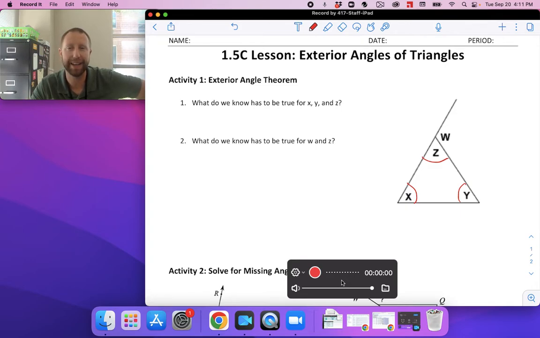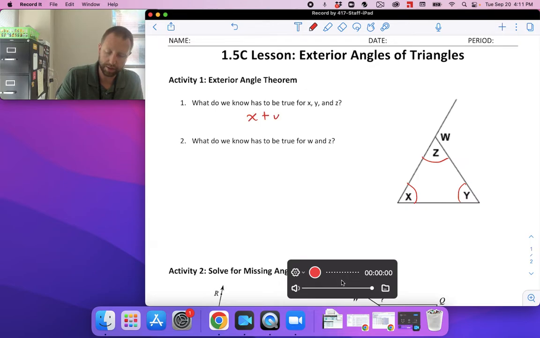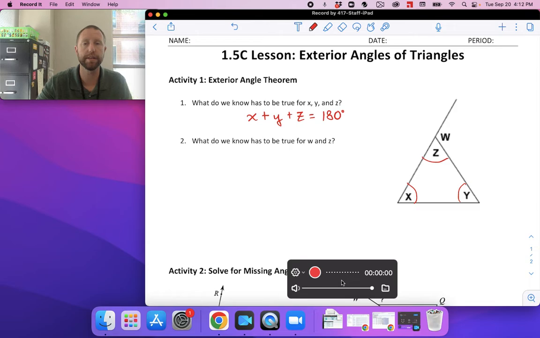Those three angles are the angles of the triangle, and we learned earlier this week all triangles, any shape, any size, have three angles that add up to 180 degrees. So that's what I'm going to put down. We know X plus Y plus Z, put a little dash there so you don't think it's a 2, has to equal 180 degrees when I add those three angles together.